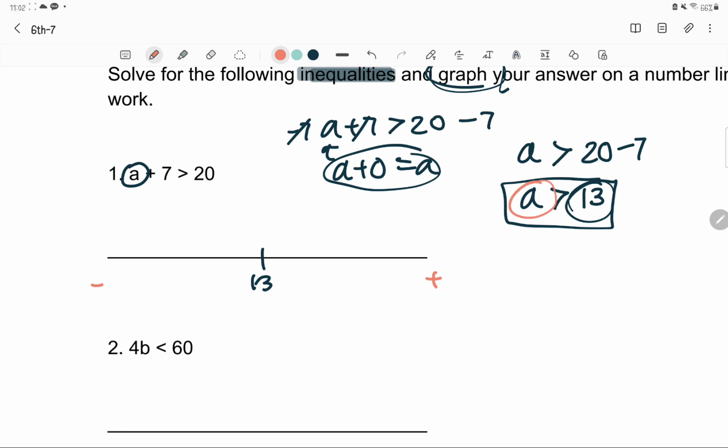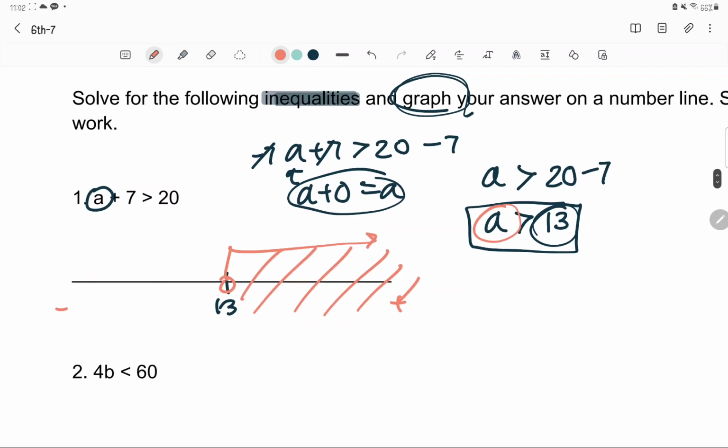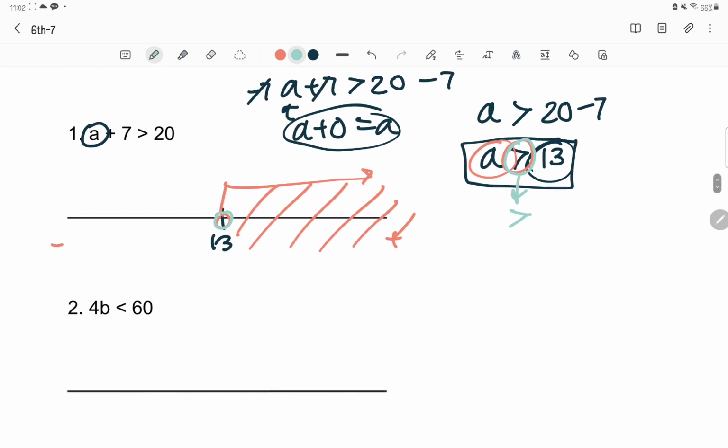And since a is greater than 13, it goes on the right side because it's positive and bigger than 13. And since the sign here is not equal to, just greater than, you have to have an open circle.